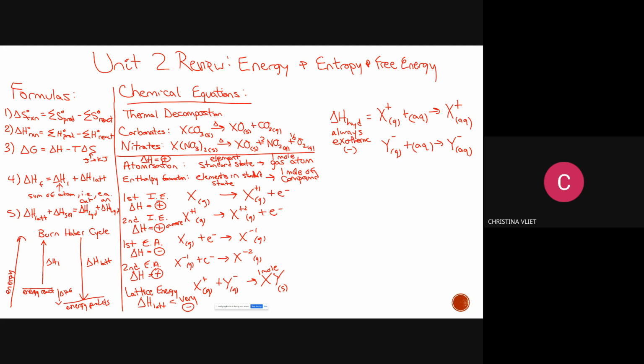Delta H solution is taking an ionic compound and dissolving it in water, like taking salt and dissolving it in water. So it's XY solid plus aq goes to XY aq. This is used to predict solubility, like we saw in the bell work.